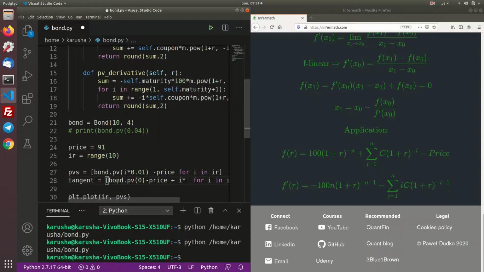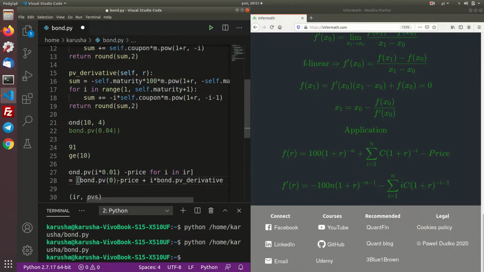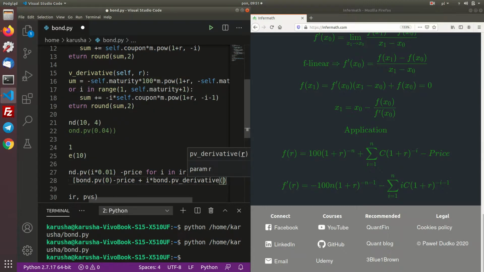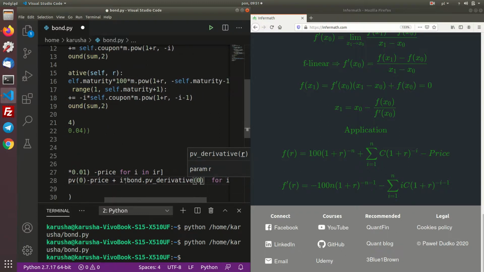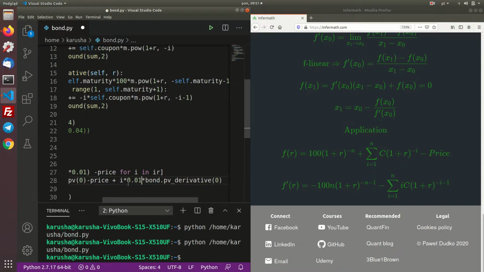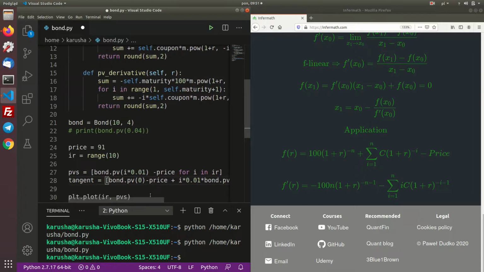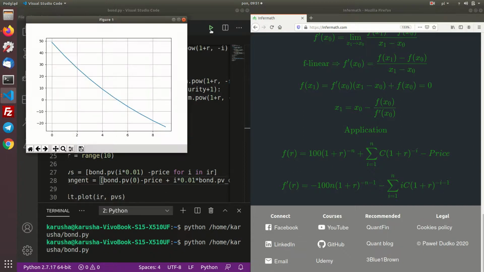So this will be the function that we already have, the method that we just defined, called bond PV derivative, also at point 0. And we also need to multiply by 0.01 here, because i is just an integer and we want to have an absolute number. Okay, let's try to run this one and see if we got it right.